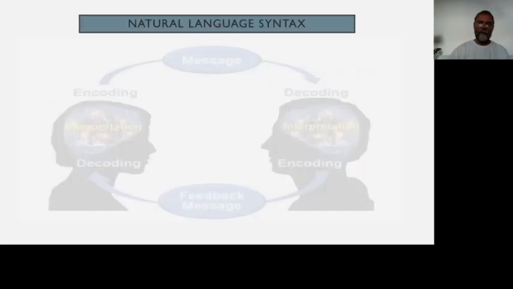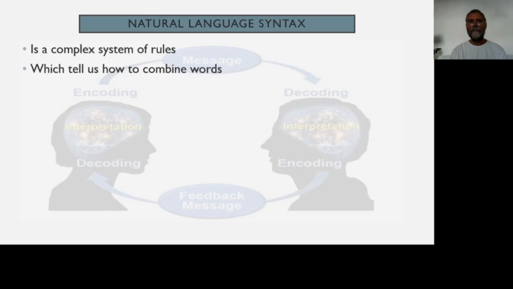Okay, so to conclude this presentation, we can round up what we've just said about what natural language syntax is. First of all, it's a complex system of rules. It's not entirely simple, like a mathematical language. It's complex, but it is a system of rules.